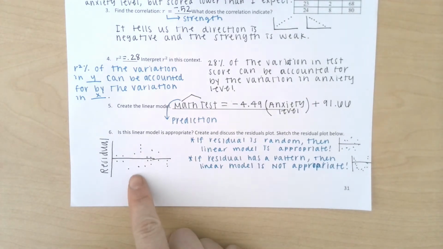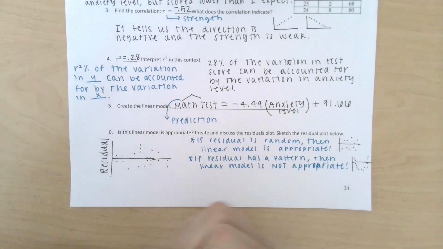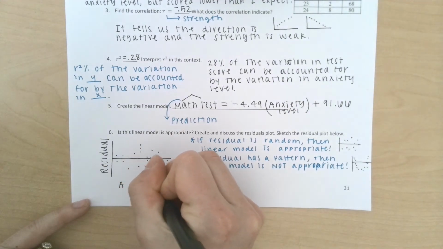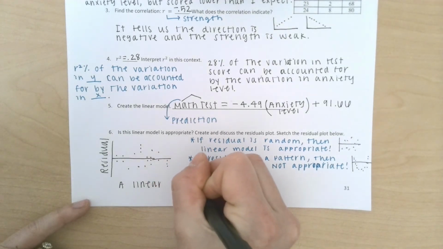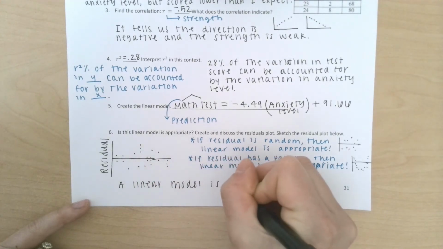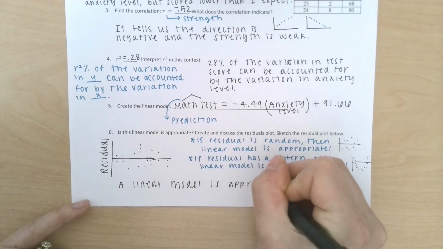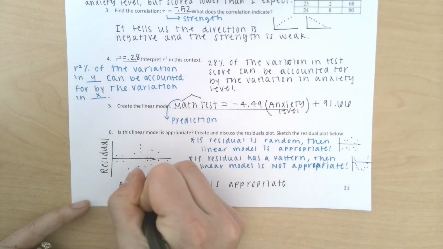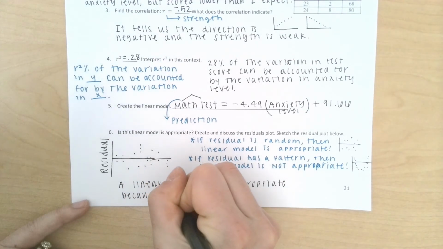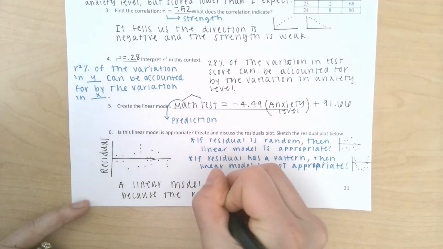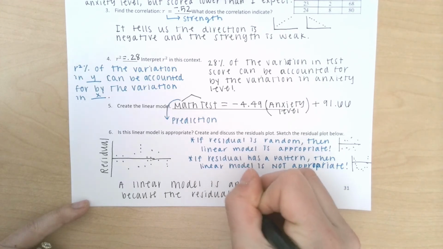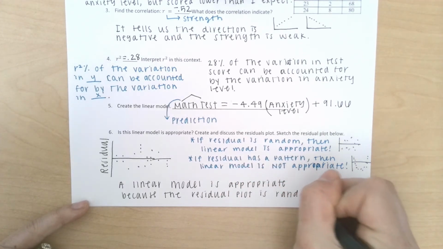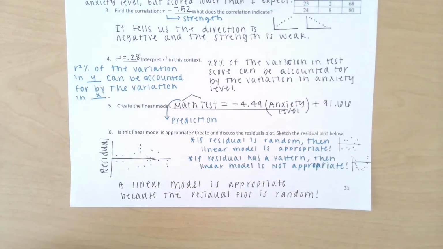The residual plot that we have here is looking quite random to me, so I would say a linear model is appropriate because the residual plot is random. We want to see randomness in that residual plot.